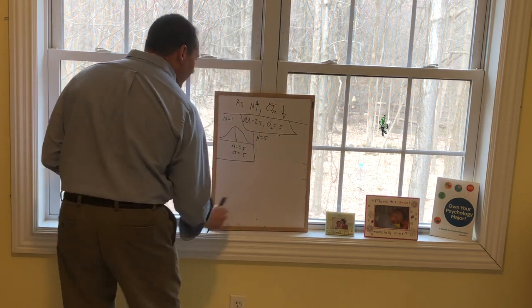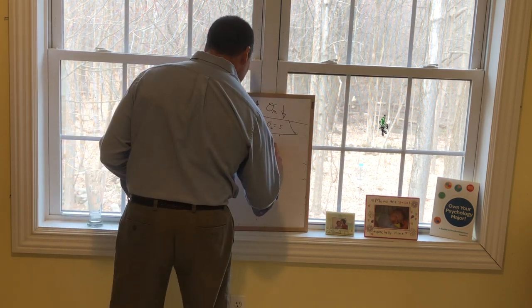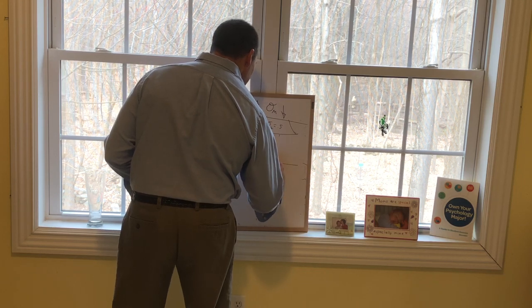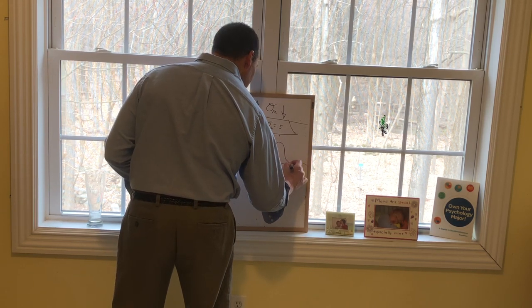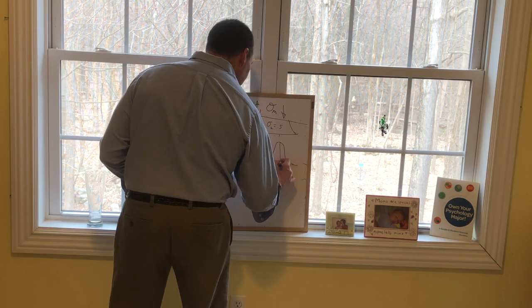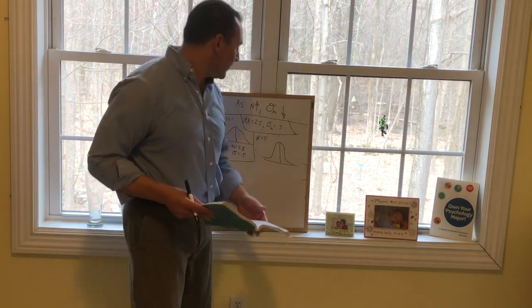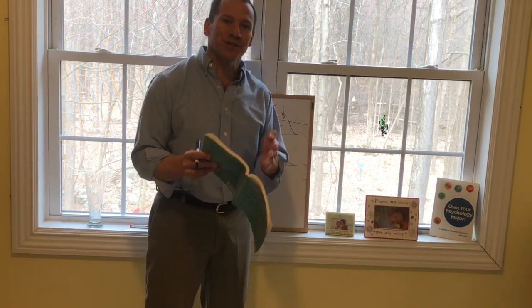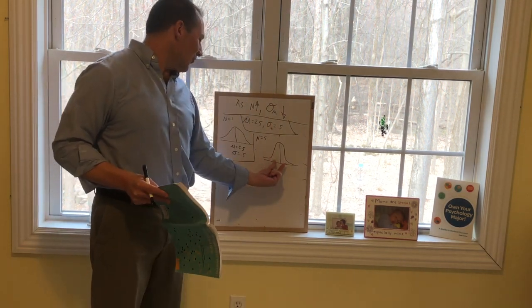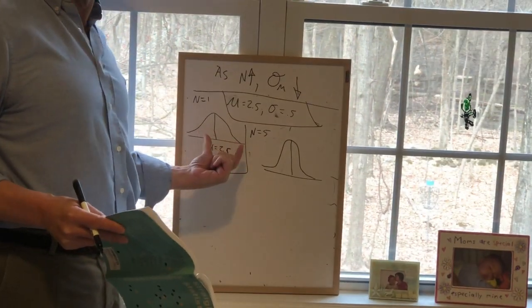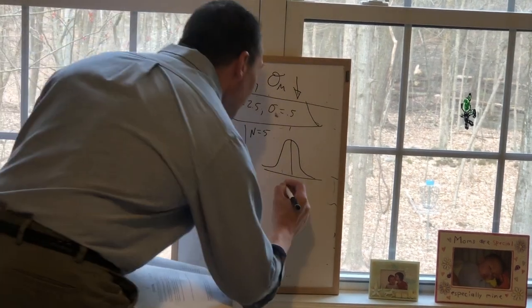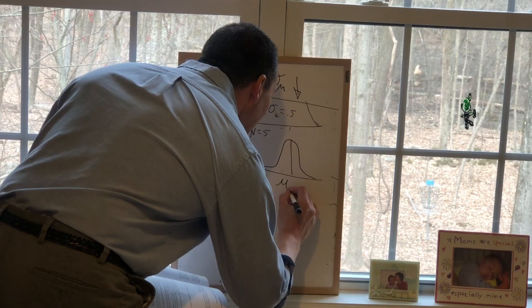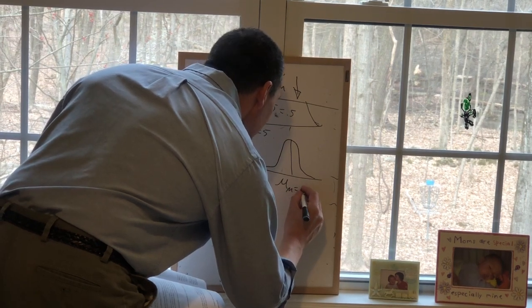If n equals 5, our distribution of means is a normal distribution, but it's a little bit, the scientific term is squished. It's a little bit squished compared to this normal distribution over here. Now, the mean, mu sub M, is still 2.5.